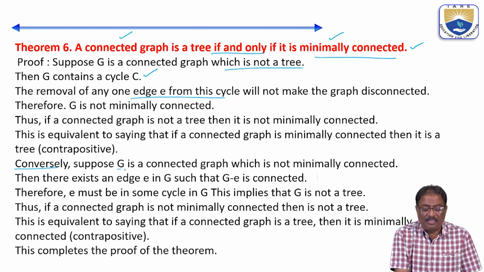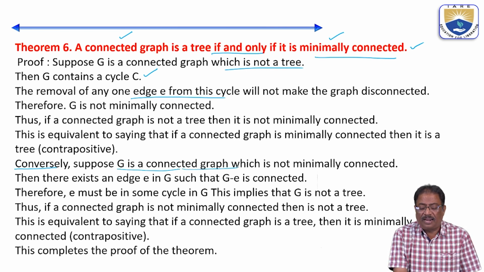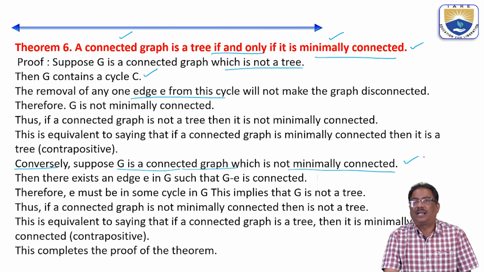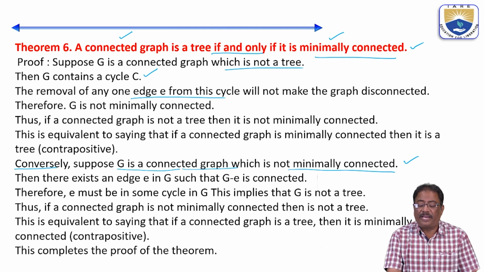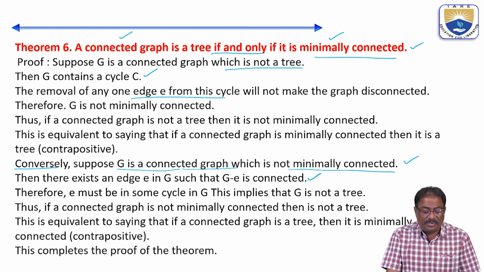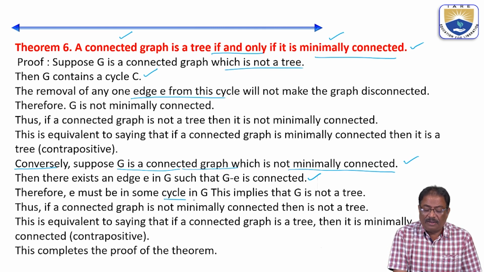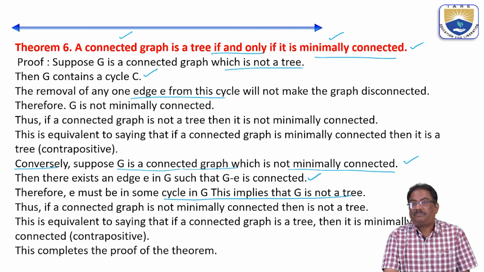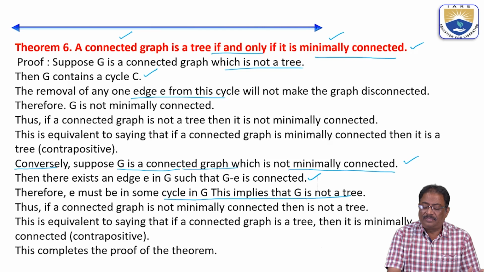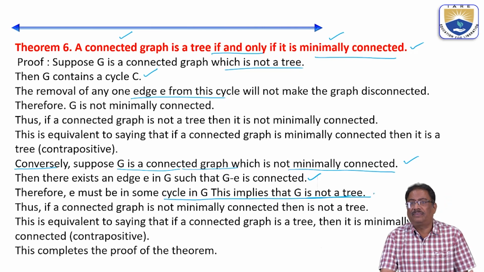Then conversely, suppose G is a connected graph which is not minimally connected. Not minimally connected means if I remove one edge, it is still connected. Still connected means it must form a cycle. Even if I remove one edge, it is still connected, so the graph is not a tree.